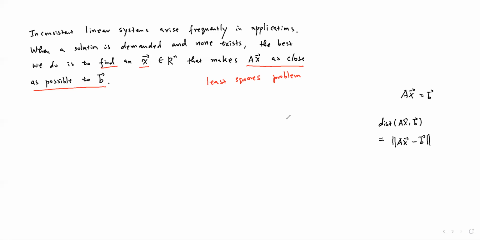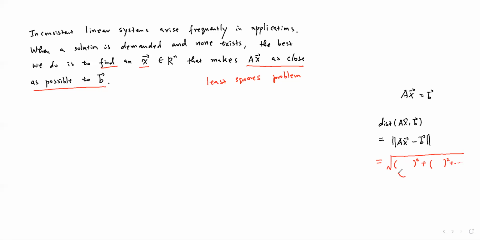Why least squares? Because the distance is the square root of the first entry minus the first entry, squared, plus the second entry minus the second entry, squared, and so on.